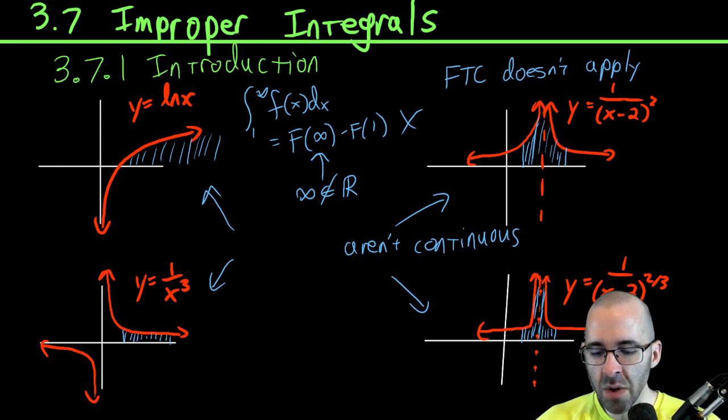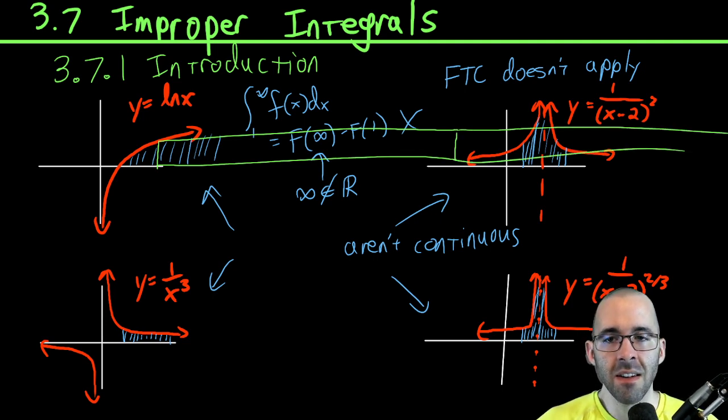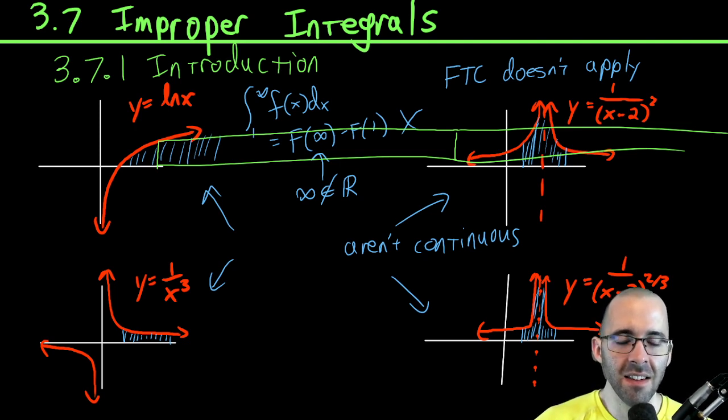So specifically this blue area, do you agree that this blue area is bigger than this green rectangle? And this green rectangle goes off to infinity? I hope so. The blue area will be bigger than the area of this green rectangle. Maybe this rectangle has a height 1, but it has infinite length.